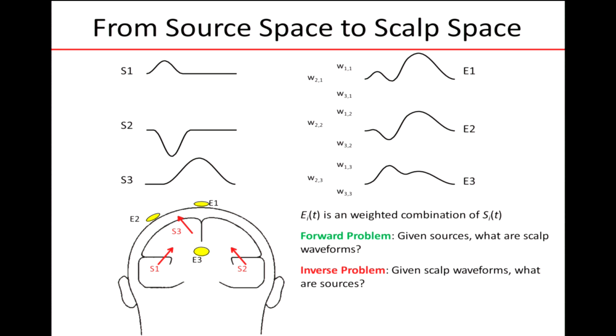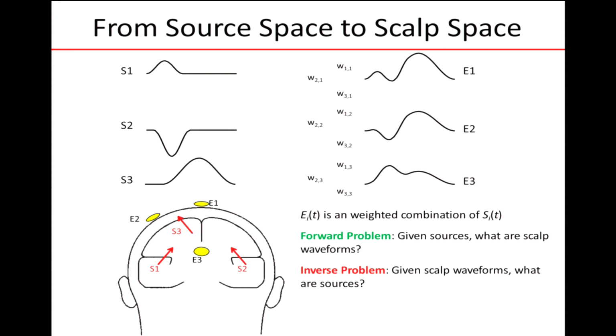Each source has a different waveform describing how it is active. But what you get from the scalp is not access to only one source. Each electrode picks up projected activities from each source, and they are usually linearly superimposed. So, linear superposition.